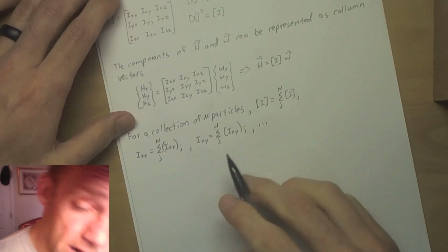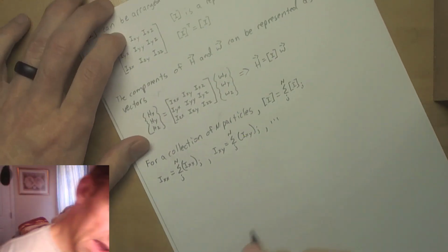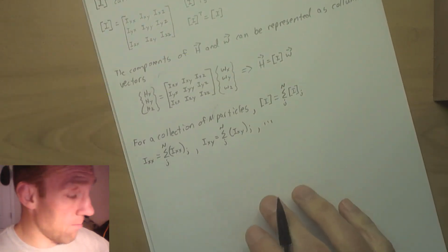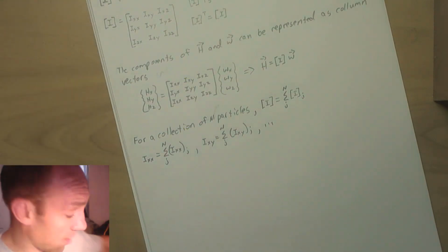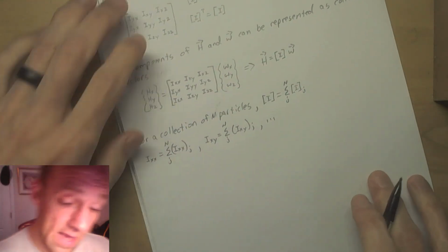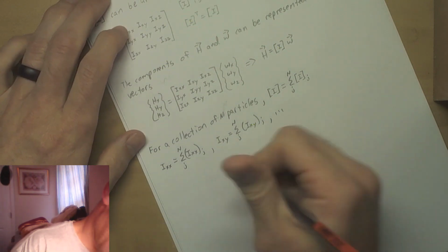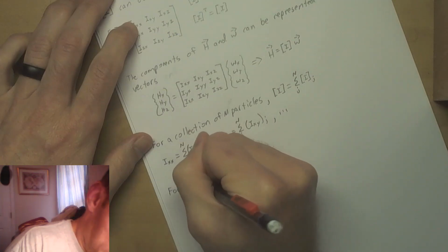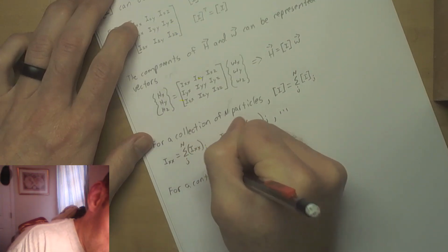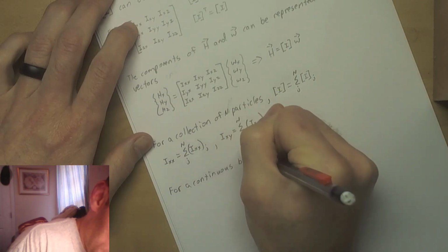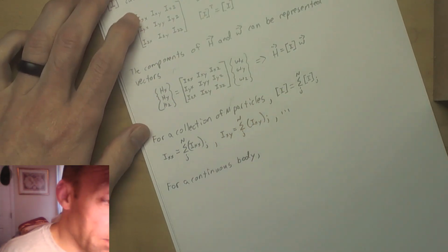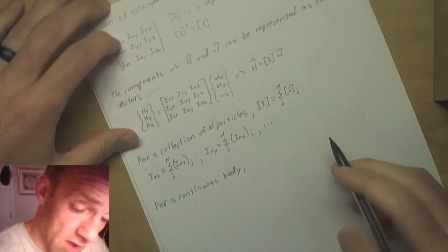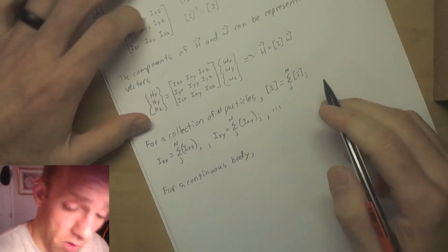For a continuous body, we have to take a step back, and these summations have to become an integral. We have to integrate over the distribution of mass. If the body is continuous, we can't just add up a series of discrete particles.